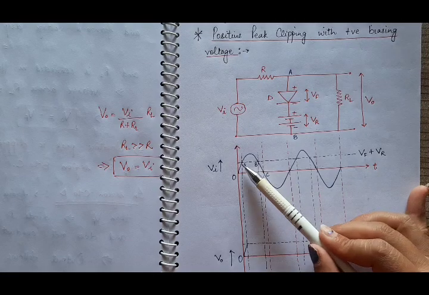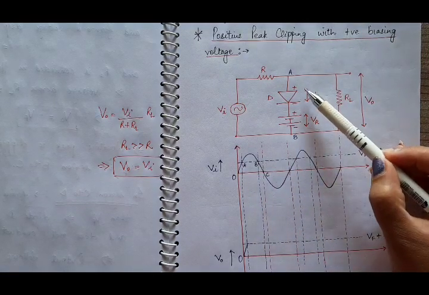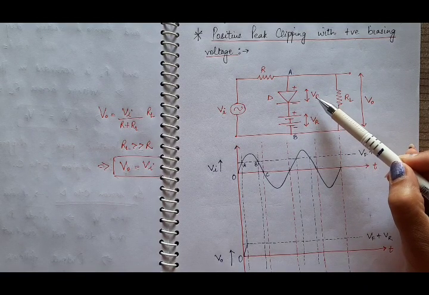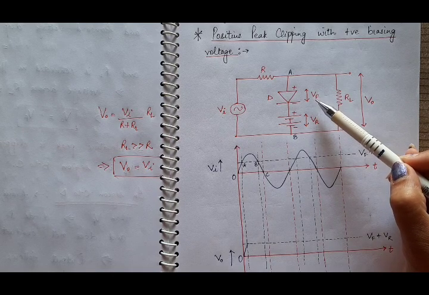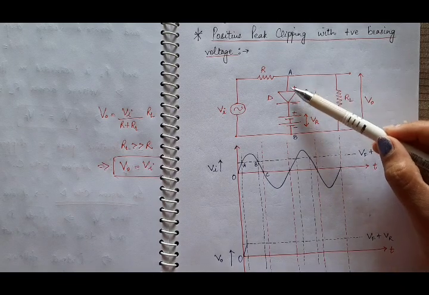If the diode is forward biased in this region AB, the voltage across this diode will be Vf and it is conducting. If the diode is conducting, it is allowing current to flow through this terminal AB.